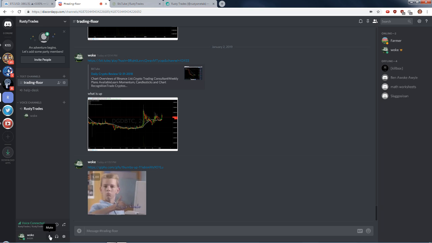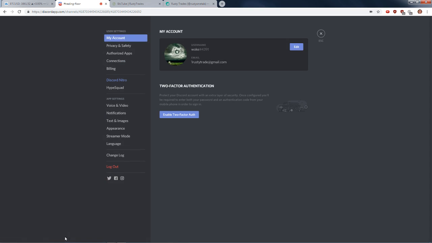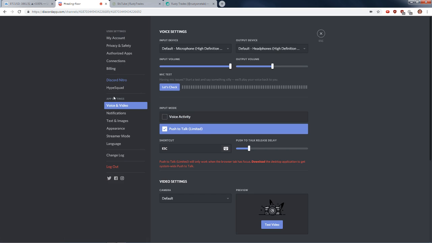Down here you have settings to turn off your mic, turn off your ears, and then here is user settings. Just set up voice. You want push to talk. My push to talk is set on the escape button. So push on this, set your button to what you want, and then click out of it.